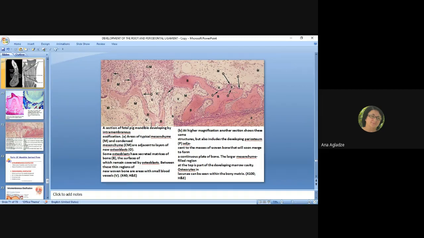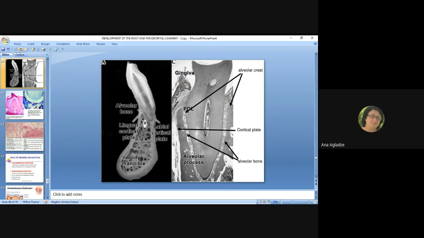Here you can see the alveolar bone, the alveolar cortical plate, and the alveolar bone proper. This is the lingual cortical plate and the labial cortical plate.